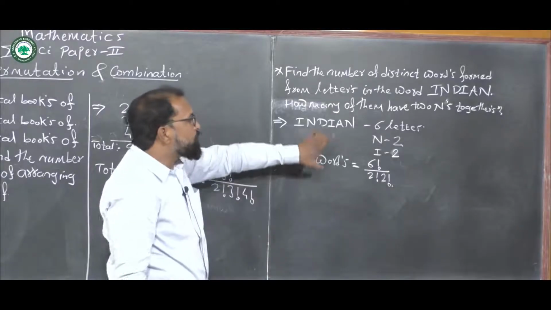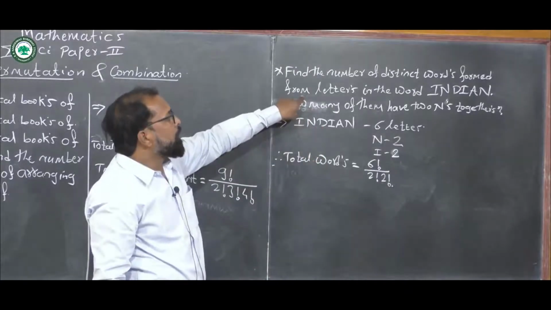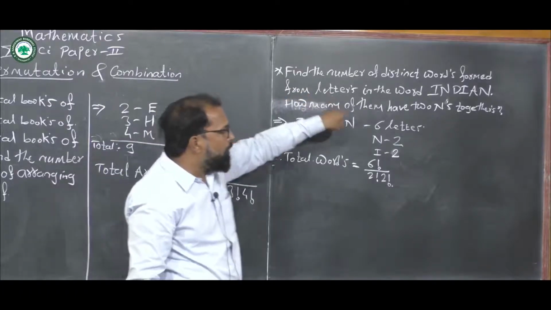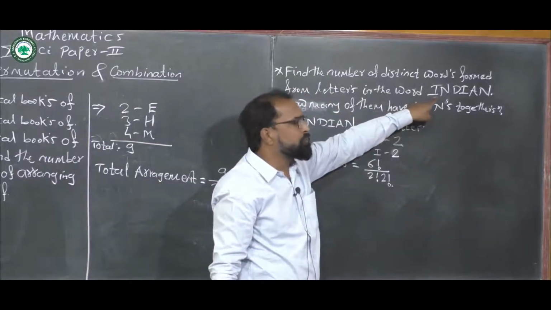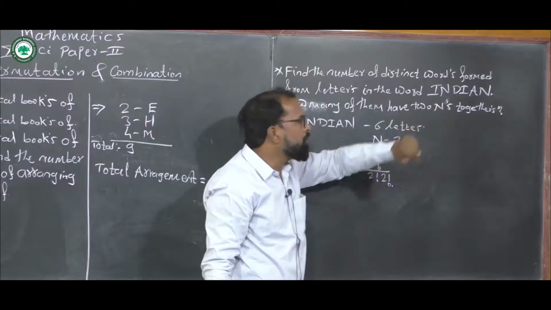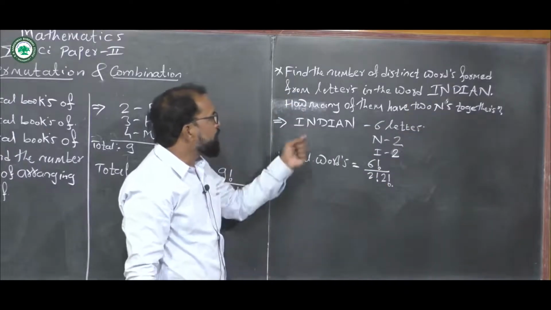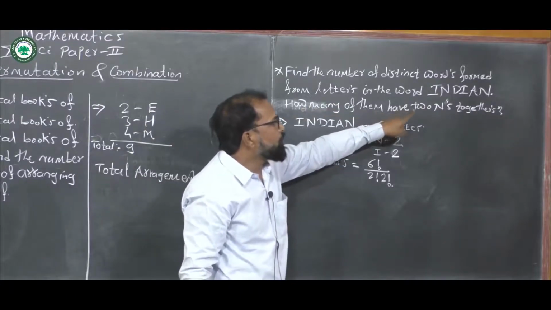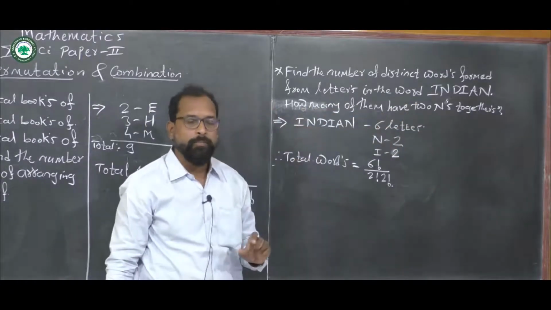This is the first part of the question, that is the total number of distinct words which are formed by using the letters of the word Indian. Now in the next part of the question we ask how many of them have 2 Ns together.